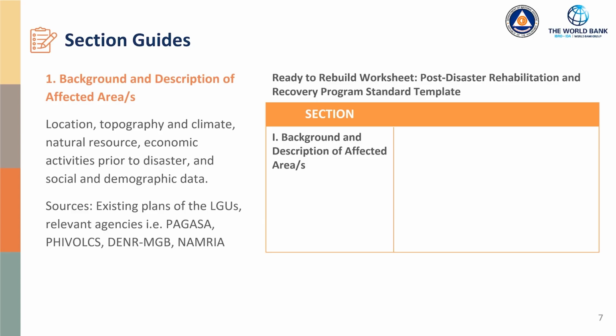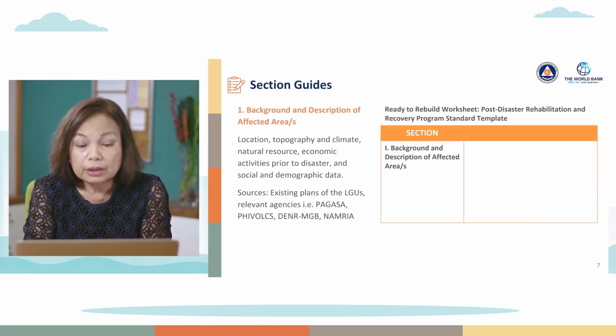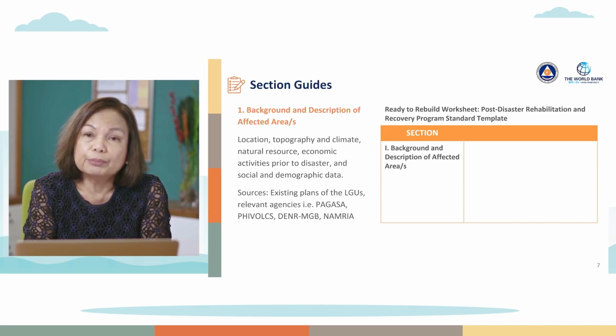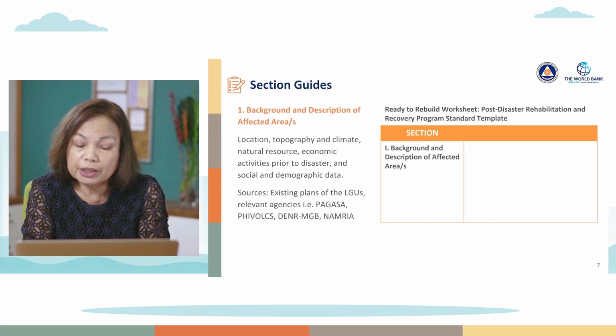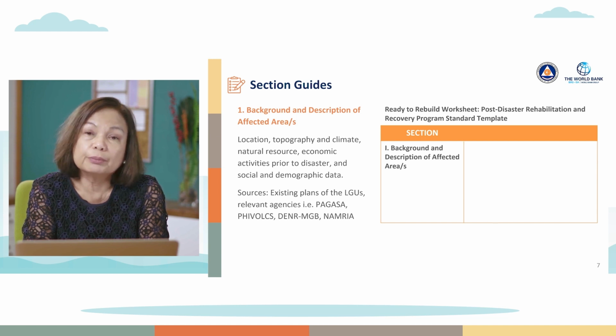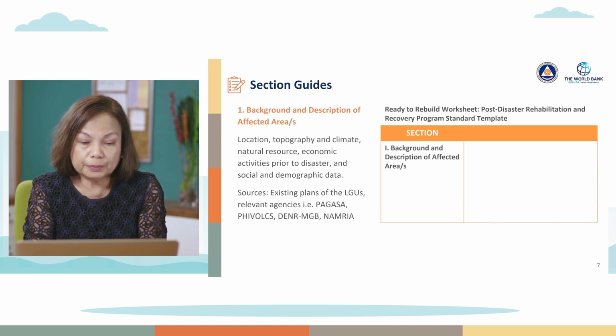These refer to the characteristics of the population. For the pandemic, for example, if you're doing a program relating to COVID-19, you may include among the information the LGU's health workforce as well as the health system capacity of the community.